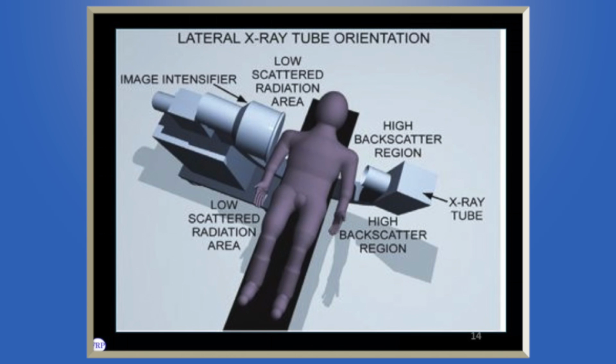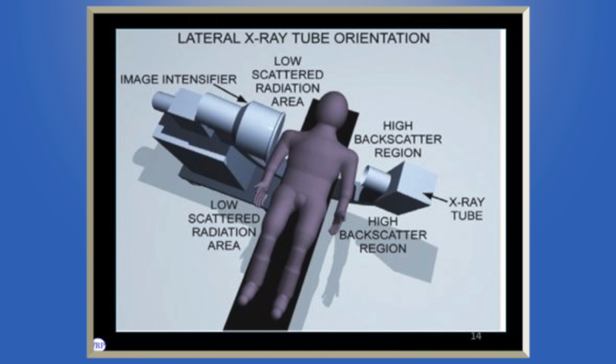Here's an illustration to give you a good idea of where you should stand when you're doing a cross table. This is a C-arm configuration, and the patient is in the AP position. So the tube is entering, and the beam is going to be scattered primarily at the entrance point to the patient themselves.